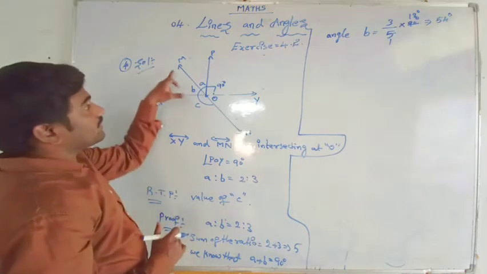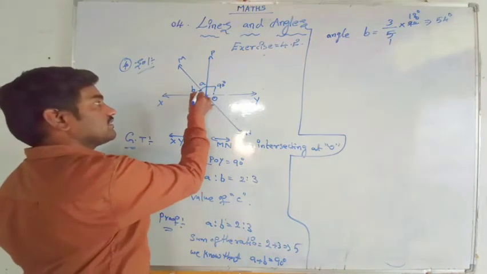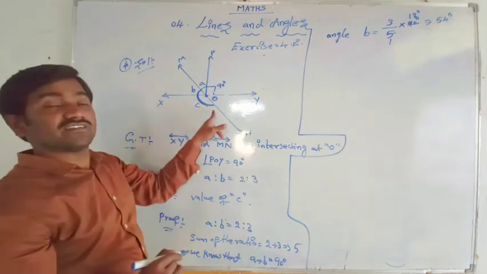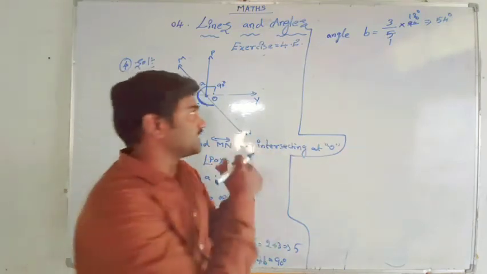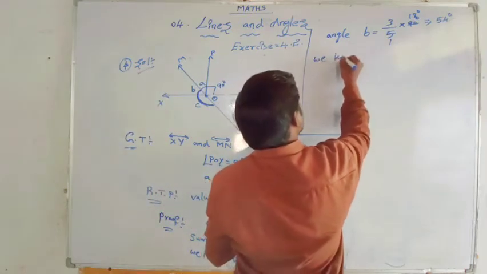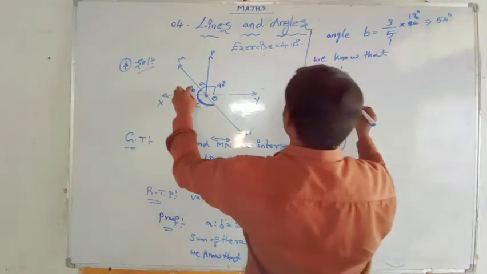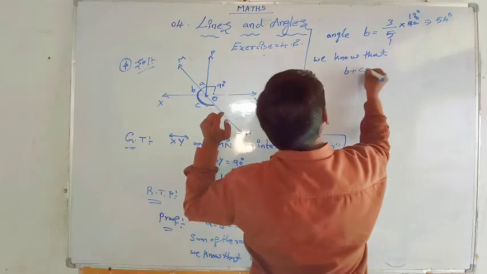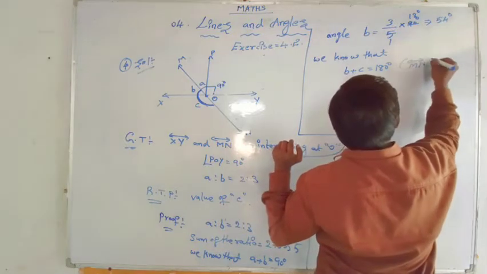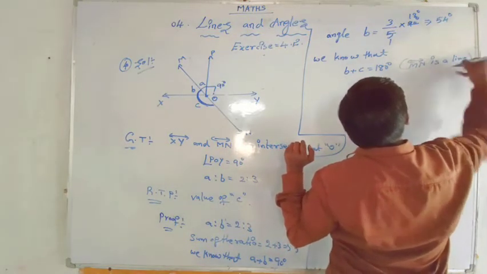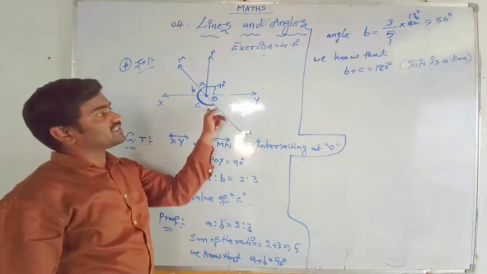Now we know that angle B plus C equals 180 degrees. You see here, B plus C is 180 degrees. It forms a semicircle because MN is a straight line, and a straight line contains 180 degrees. So the angles on a straight line, B plus C, is 180 degrees.